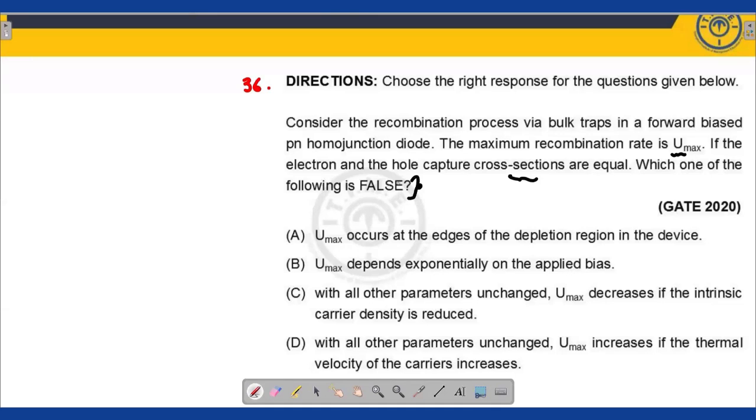Very important, we need to take the relative distance through the space charge region, and we need to take it with respect to the various important parameters, my dear students. So which of the following statements is false is being asked, in GATE 2020. We need to get back to one important thing.